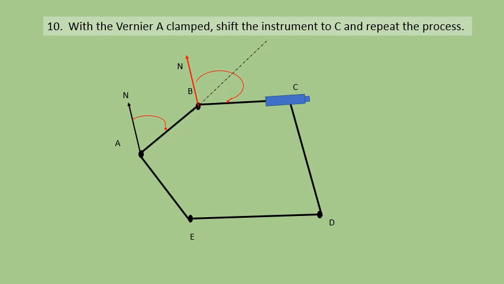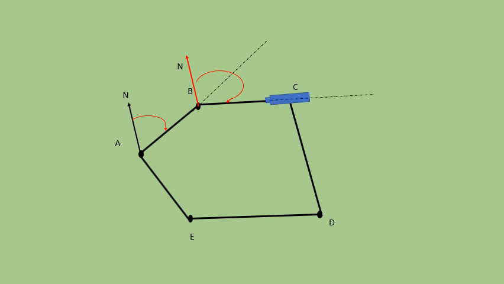Then I have to transit, so your instrument will be looking in the direction from B to C and its extended way. But the reading still remains the bearing of line BC.